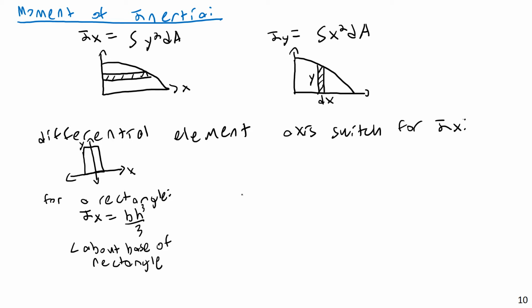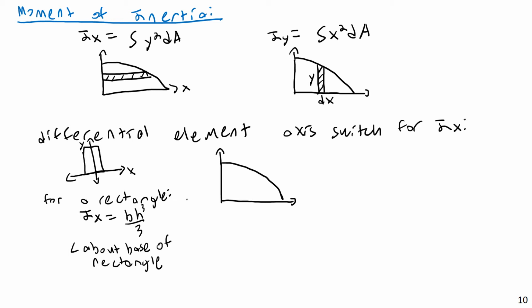Normally with Ix, we have something kind of like this, our function, and we use horizontal differential elements, adding up the moment of inertia of each of these pieces and integrating across the function.